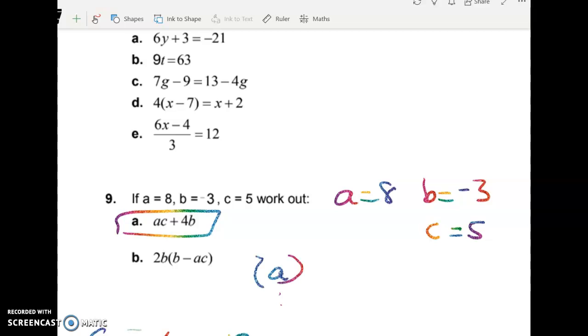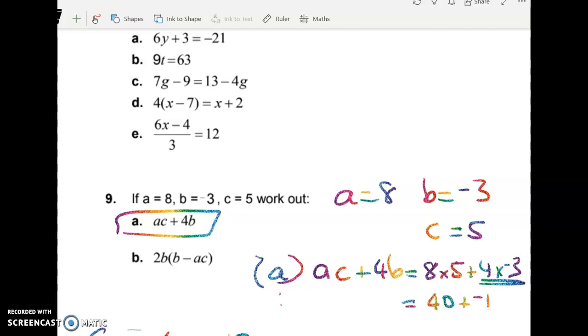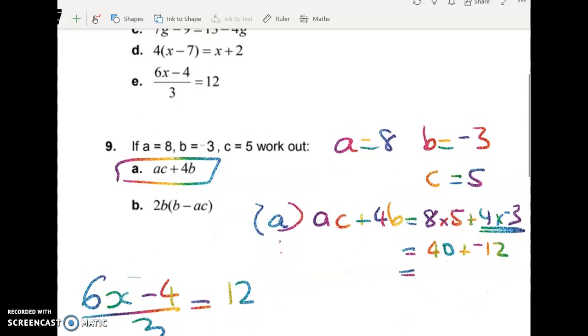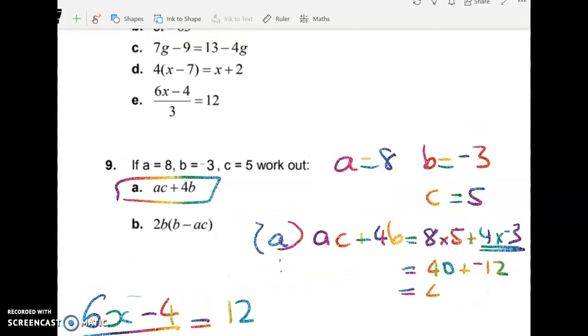Part A, ac plus 4b is equal to 8 times 5 plus 4 times negative 3. That equals 40 plus a negative times a positive, negative 12. So 40 plus negative 12 is equal to 40 minus 12, which gives me 28.